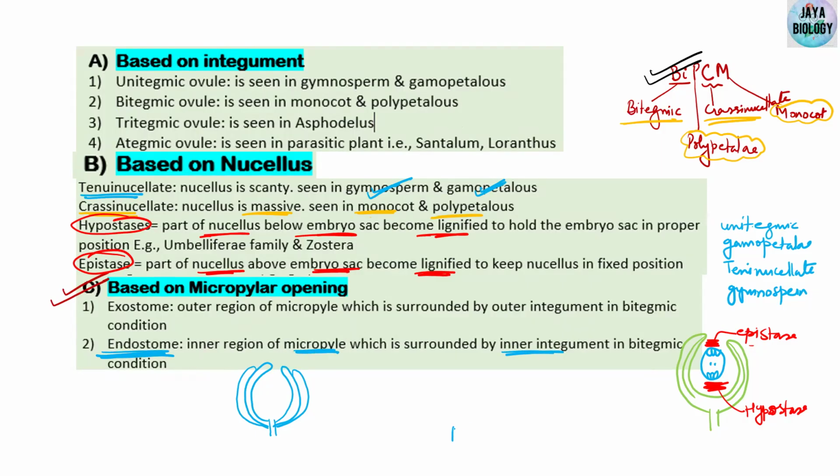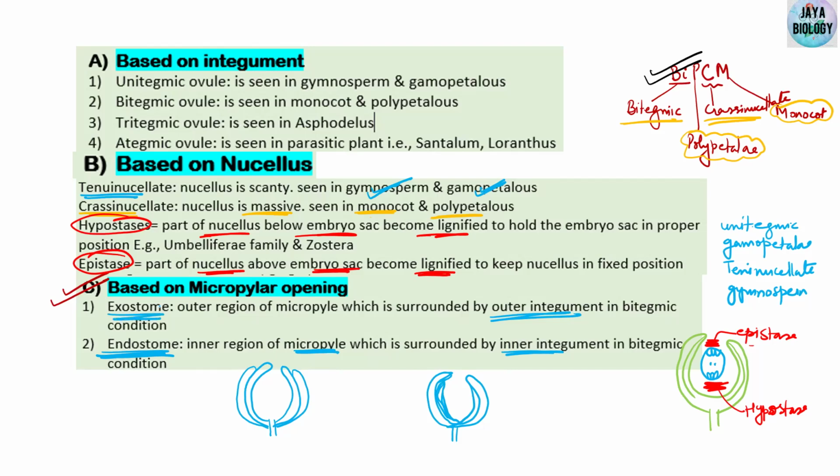Now see another diagram. Just imagine this only for your learning. I'm drawing this diagram. So this opening is made by the outer integument. If it is made by the outer integument, you will say exostome.